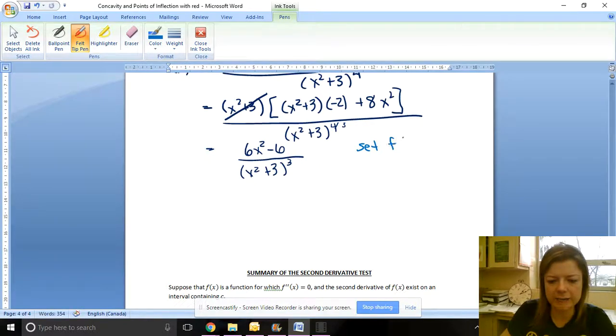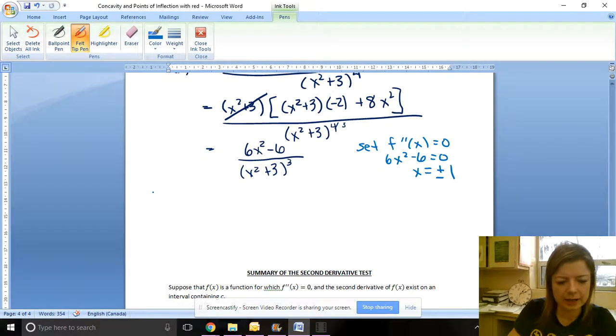So where you set f double prime at x equal to 0, you get 6x squared minus 6 equals 0, and you solve this, and you get x is equal to plus or minus 1. So we have 2 possible points of inflection, at positive 1 and at negative 1.